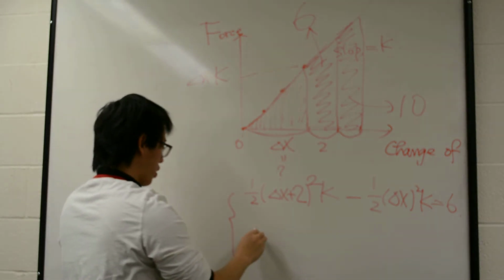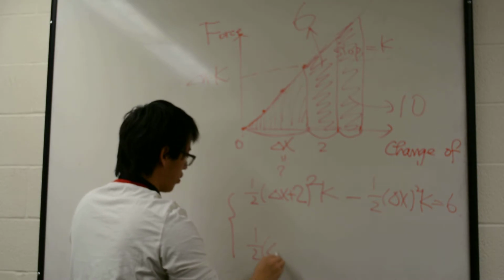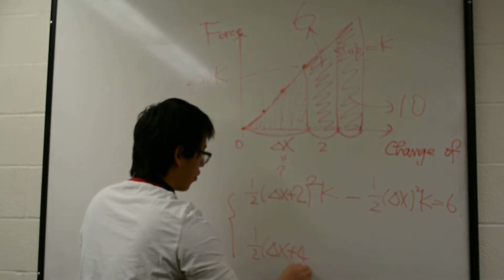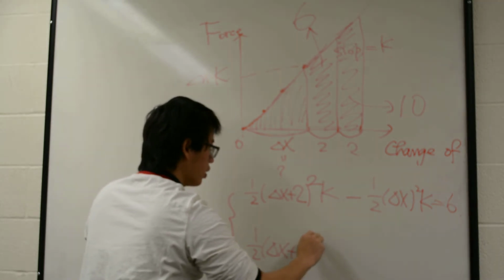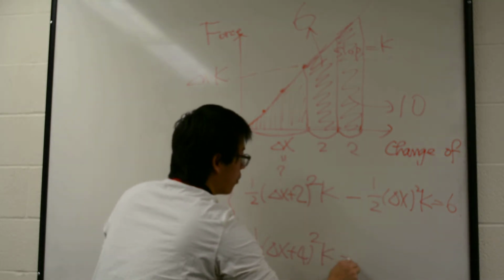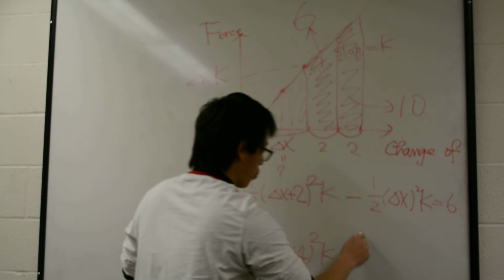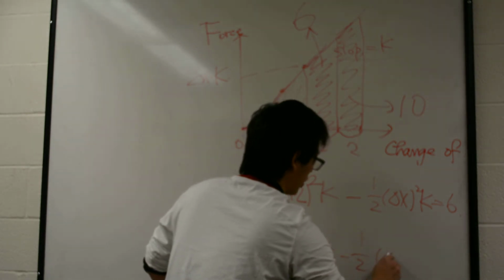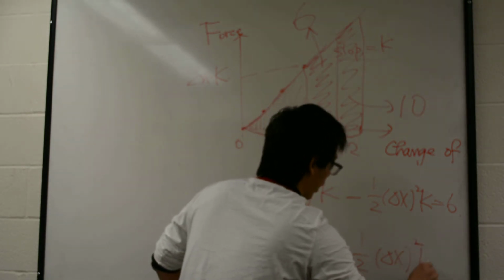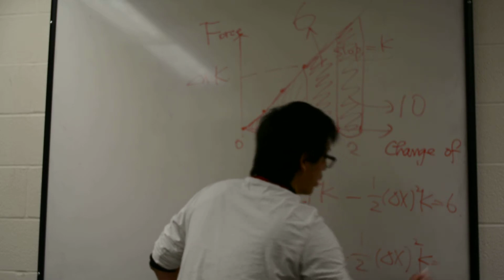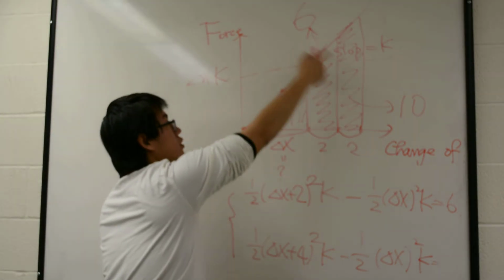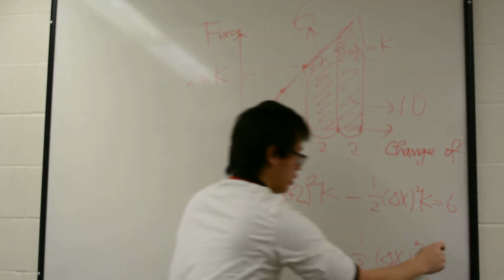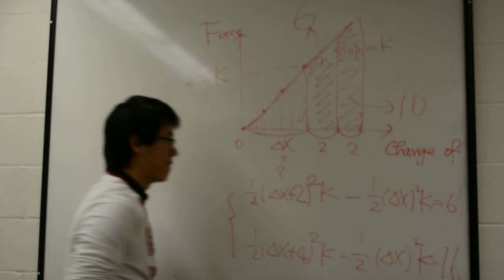The big triangle is 1/2 (delta x plus 4) squared times k, minus the small triangle, 1/2 delta x squared times k. That will be equal to the work, 6 plus 10, which is 16.